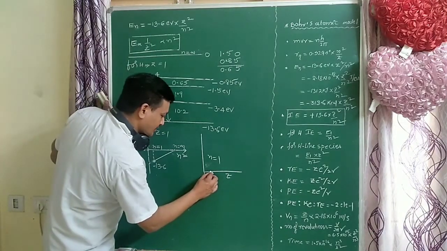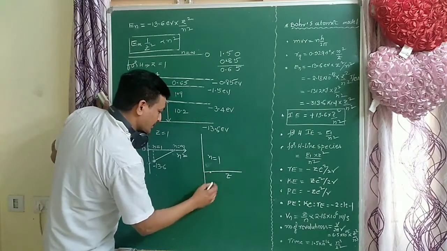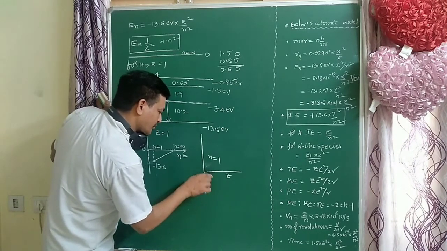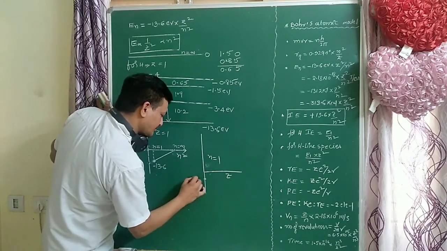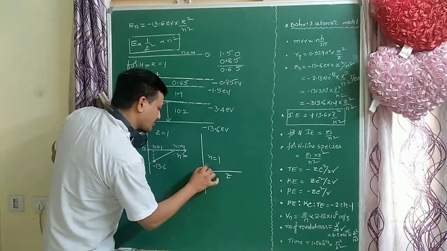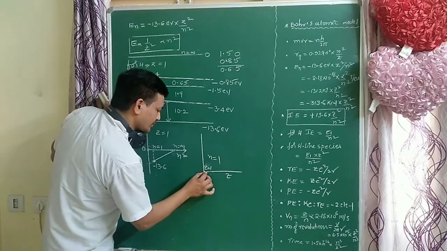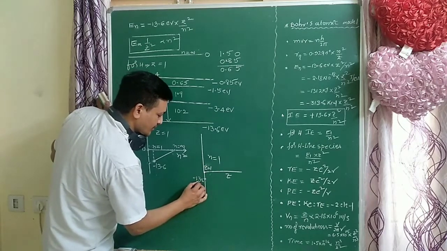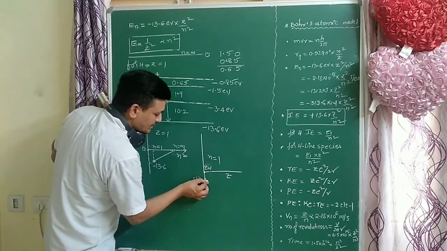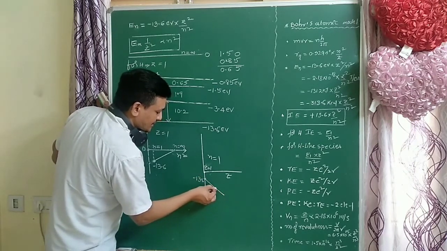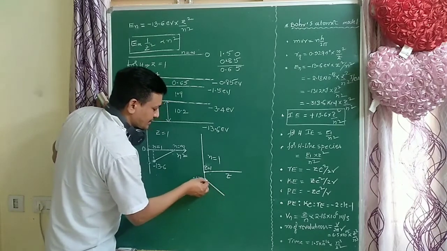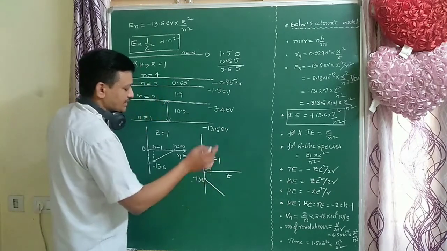Here Z equal to 1, and that value is minus 13.6. So as the Z value increases, energy decreases.